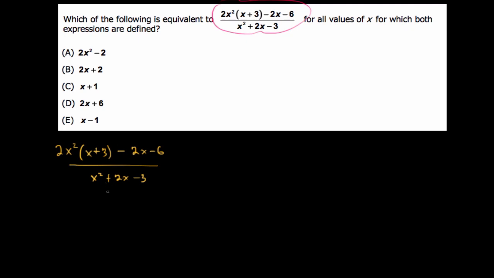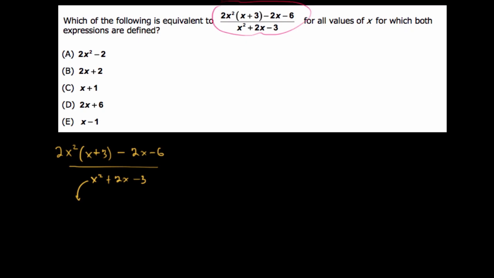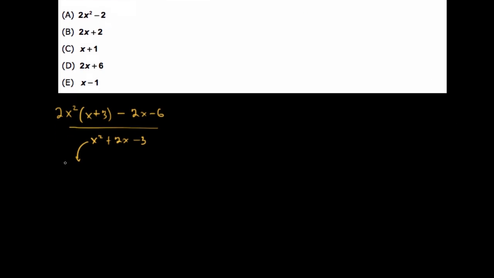I'm going to start by first simplifying the denominator. Now what we have in the denominator is x squared plus 2x minus 3. To factorize this, you recall your factorization method. You should obtain x squared plus 3x minus x minus 3, because 3 and negative 1 are the numbers you need.